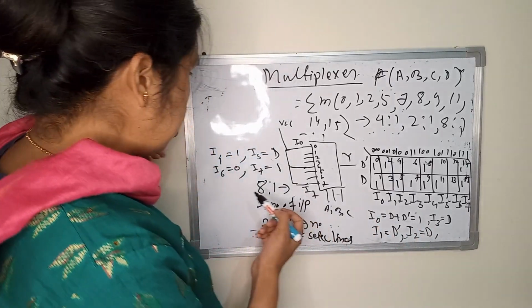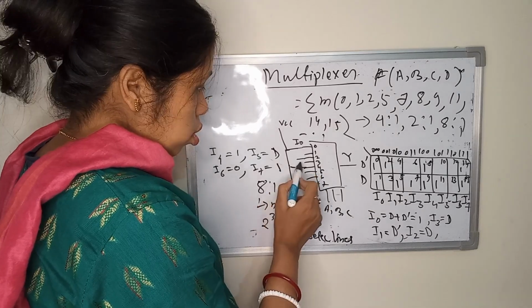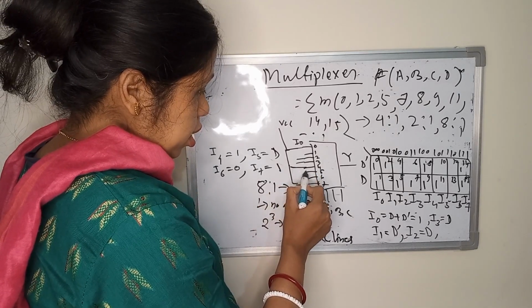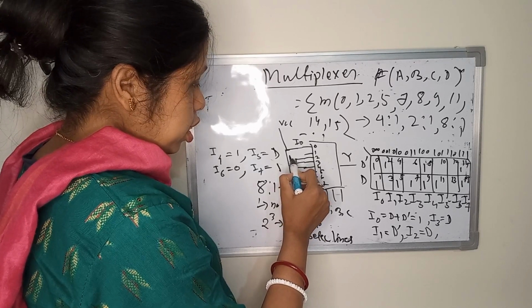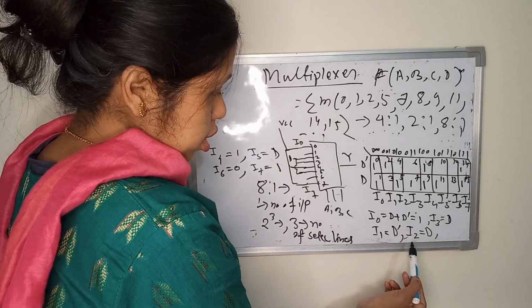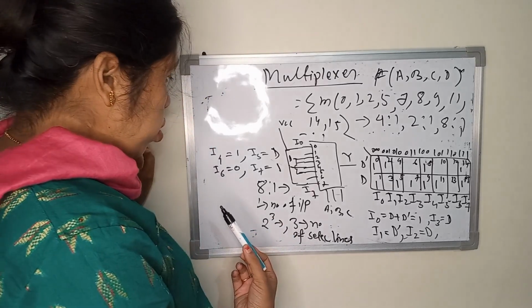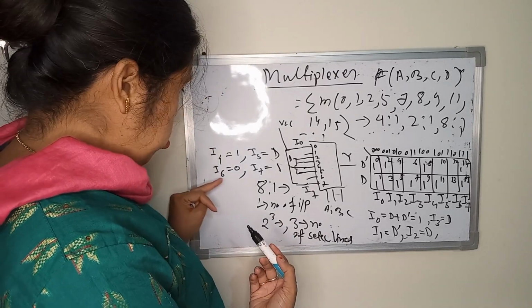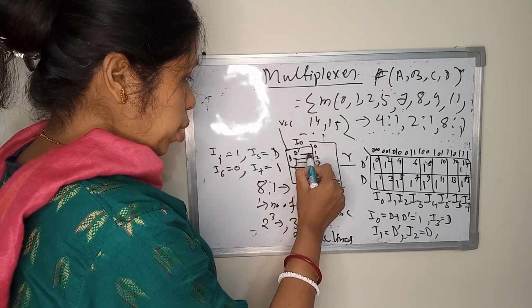I2, I3 and I5 are D, so these are connected with D. I6 is 0, and I1 is D prime.